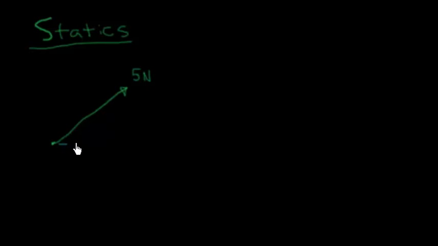So let's use something that we're familiar with, an X and Y Cartesian plane, with the X being at 90 degrees to the Y, which will get important in a second here.